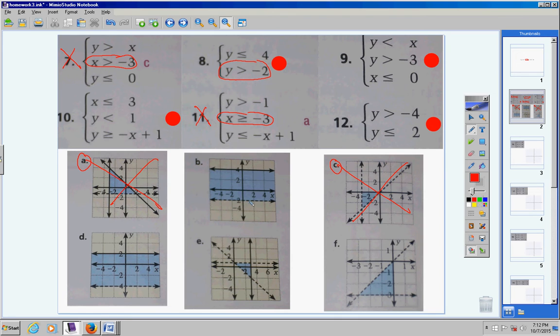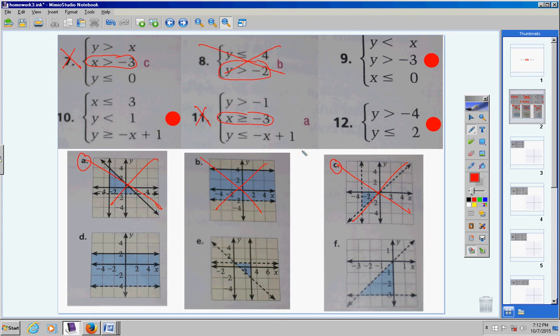This one does. This one does not. This one does not. This one does not. This one does not. This is the only one right here that has a horizontal line going through -2. So process of elimination, that has to be B, which is your answer. Okay, so now we're done with this, and we're done with this, just like that.